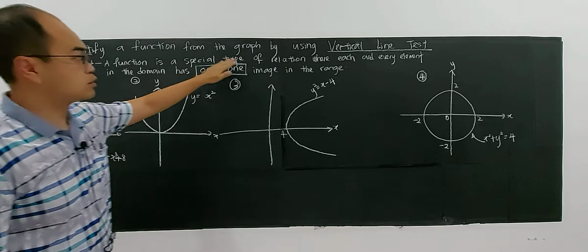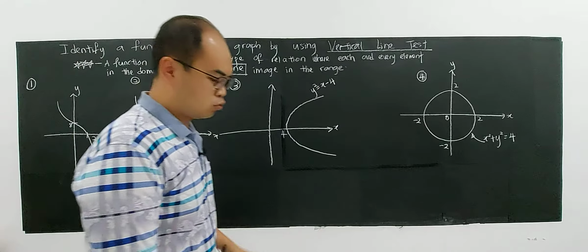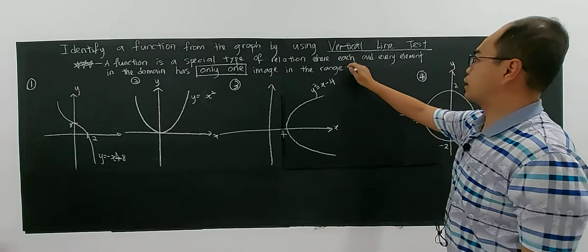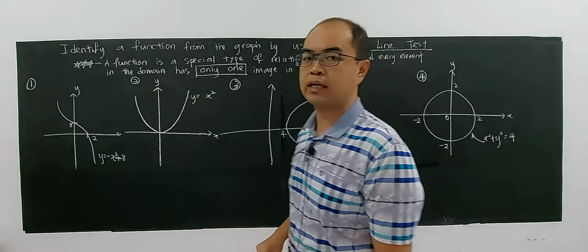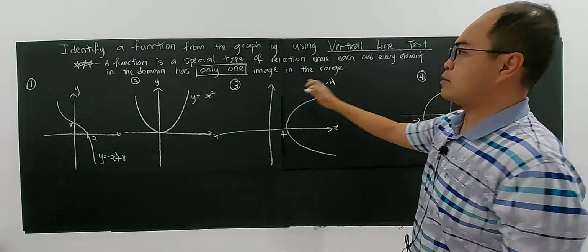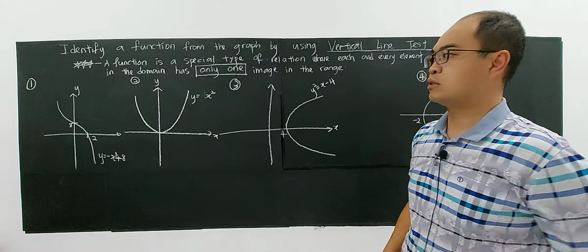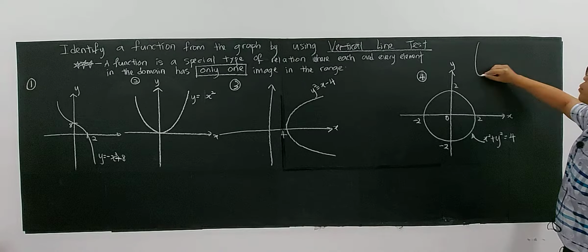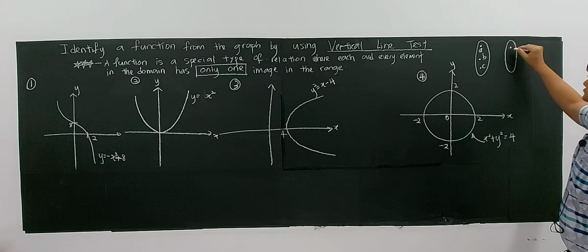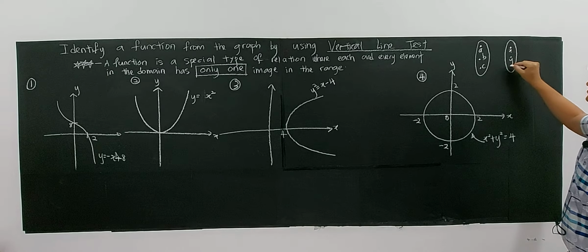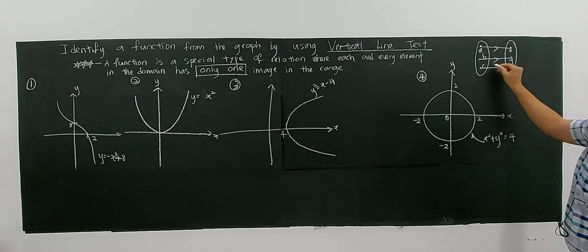A function is a special type of relation. Special type means that from the 4 relations, 2 of them are functions, where each and every element in the domain, which is the object, has only one image in the range. So if you have A, B, C, and X, Y, Z, this is a relation that defines a function.